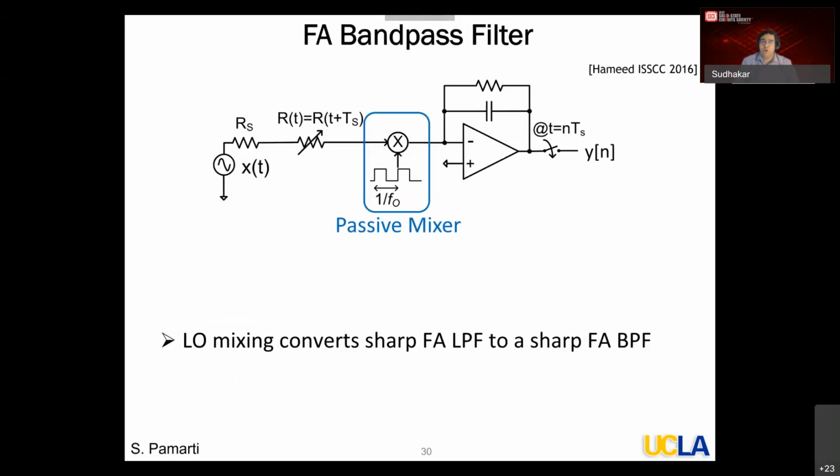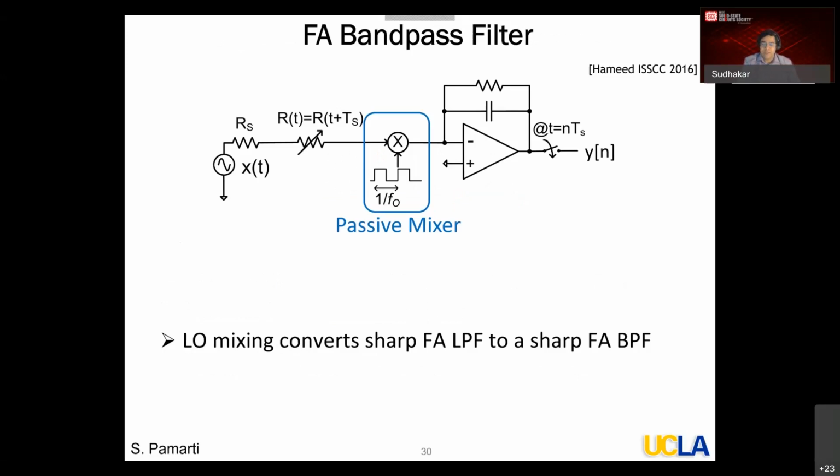First of all, how to make it a bandpass filter. The circuitry I showed you before, for example the active RC, was a simple low-pass filter, right? Now, here we borrow ideas from the mixer-first approaches. To get a bandpass filter, all I do is throw in a passive mixer in there.